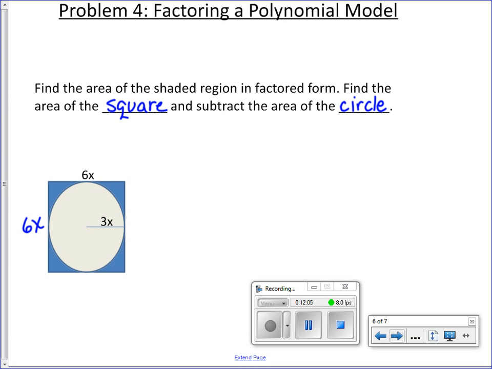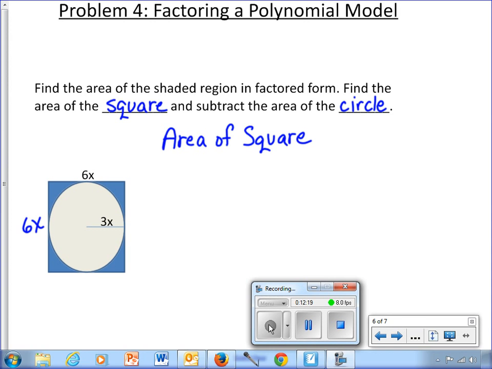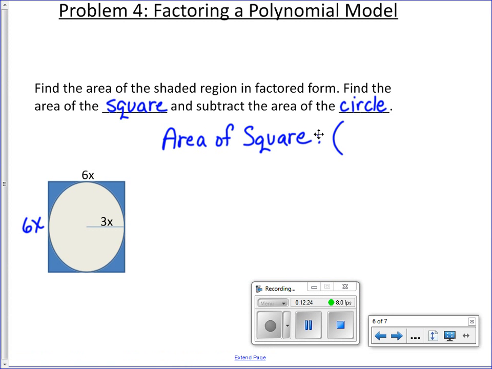All right. Well, the area of the square is side times side. So the area of the square, since one side is 6x, and we have to take the length times the width, that would be 6x times 6x, or 6x quantity squared. And that would be equal to 6 squared, which is 36, and x squared, so 36x squared.